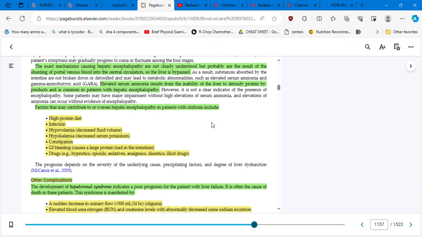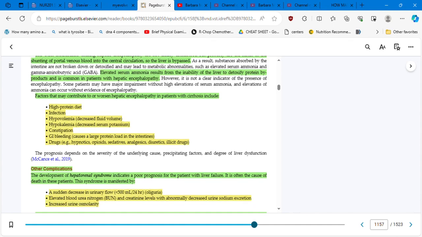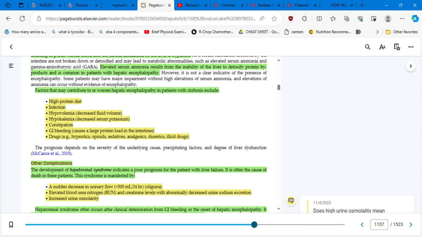Factors that may contribute to or worsen hepatic encephalopathy in patients with cirrhosis include high protein diet, infection, hypovolemia, decreased fluid volume, hypokalemia, constipation, GI bleeding, drugs, hypnotics, opioids, sedatives, analgesics, diuretics, illicit drugs.